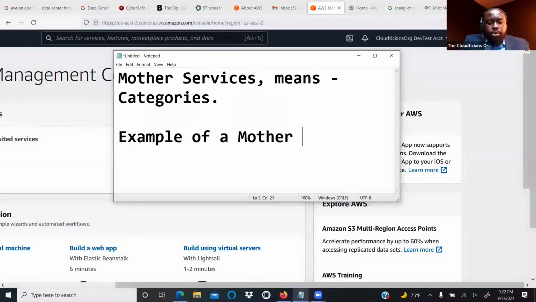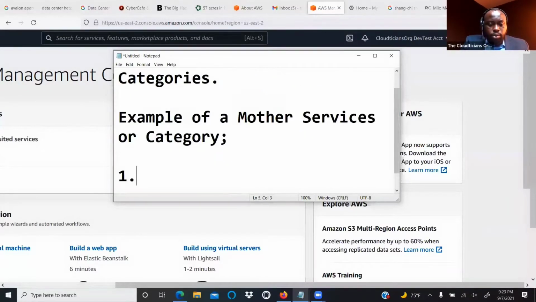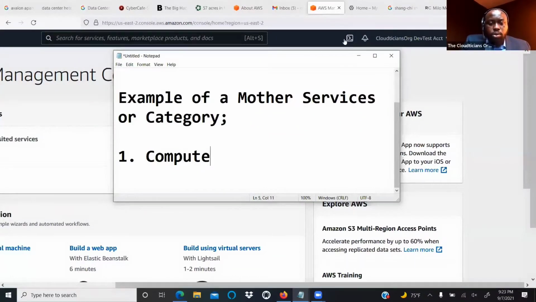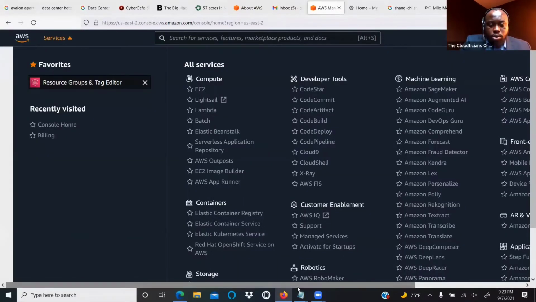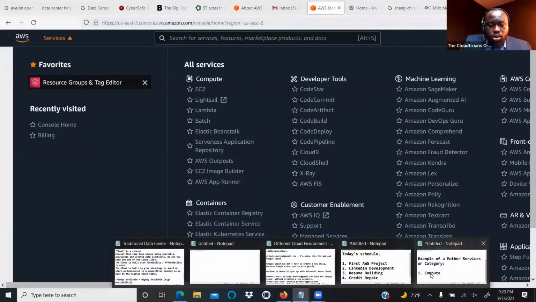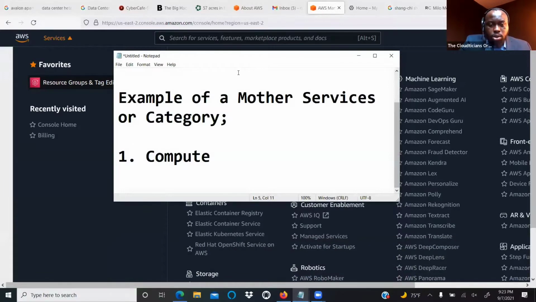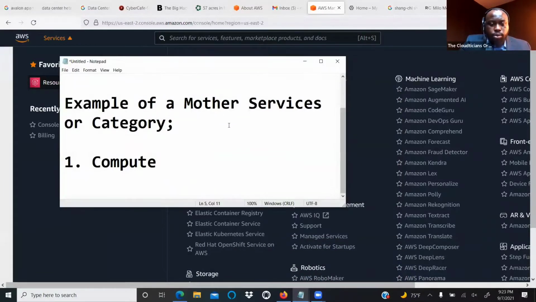Examples of a mother service, or category if you want to call it that: one, compute. Two, developer tools.